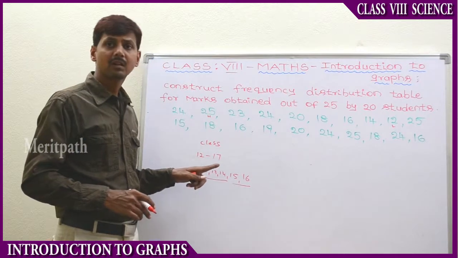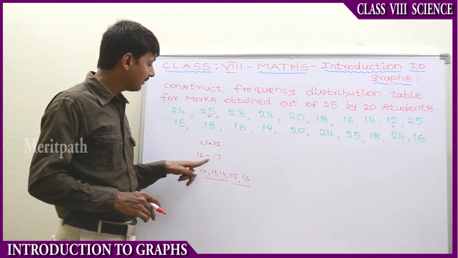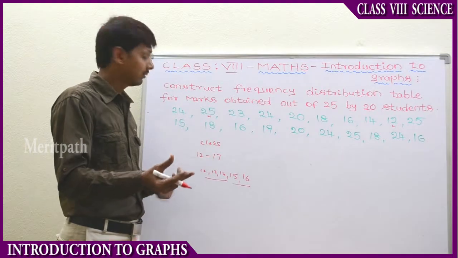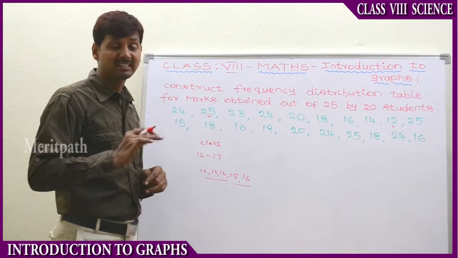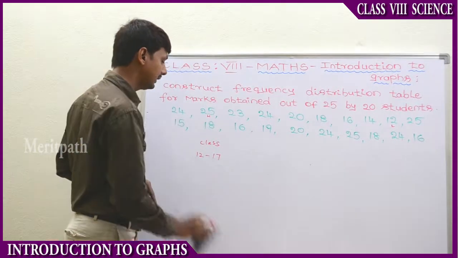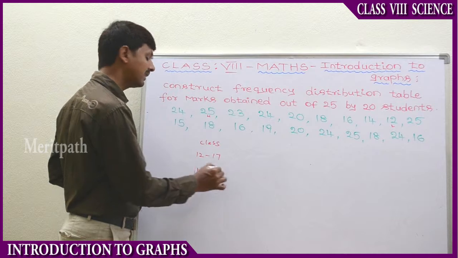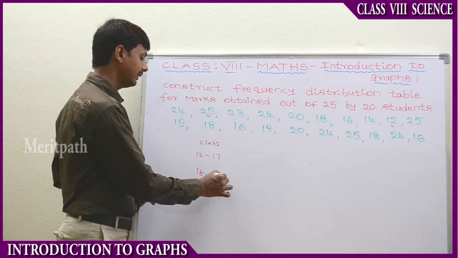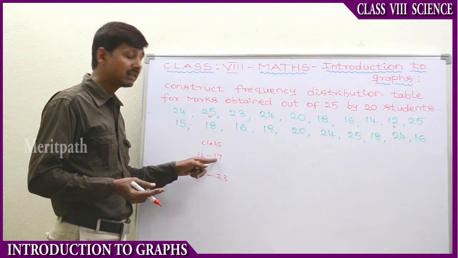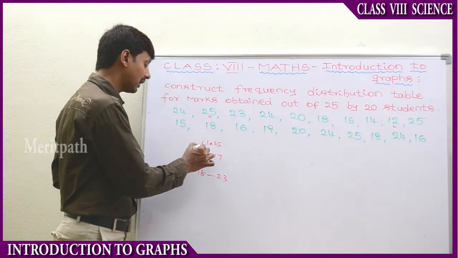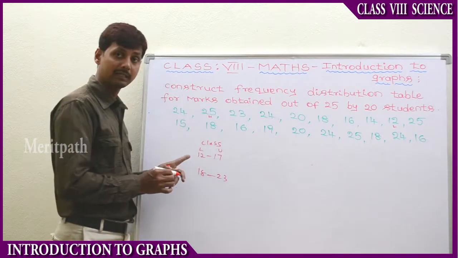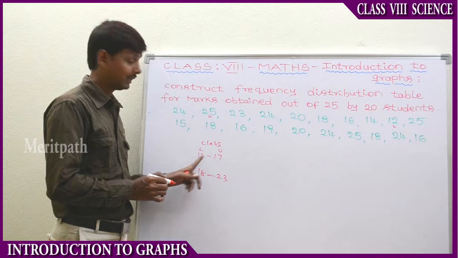Usually we take 12 to 16 only, and we take 17 in the next class. These are called exclusive classes. If it is 12 to 17 and we start from 18, 23, then we call these inclusive classes. The first starting number we call lower boundary, and the upper one is the upper boundary.